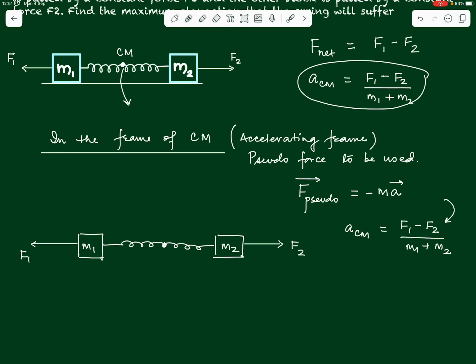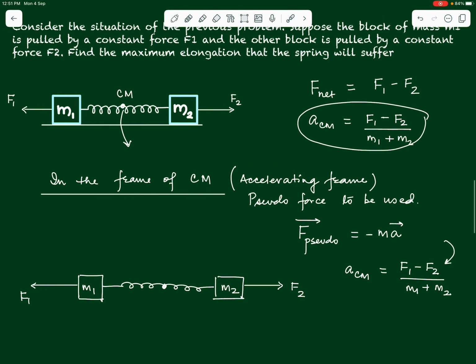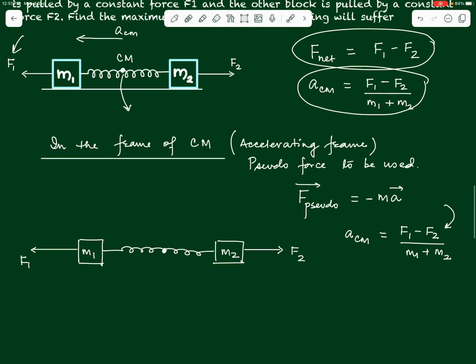And what is the direction of this acceleration? Understand that we have taken F1 to be a greater force. That means we are assuming that the net force on this system of two blocks is towards left, towards the direction of F1. That means the acceleration of center of mass is also towards left. And if the acceleration of center of mass is towards left, we have to take the pseudo force on both the blocks towards right.